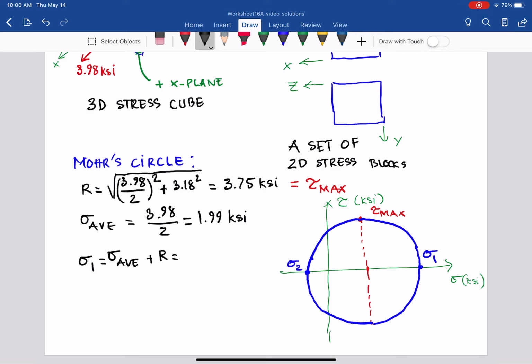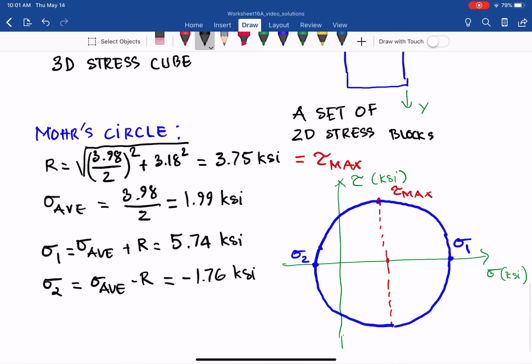So it equals 1.99 plus 3.75, so 5.74 KSI. And sigma 2 equals sigma average minus the radius, which is tau max, and that is negative 1.76 KSI, which is the same as we did in the Mohr circle.